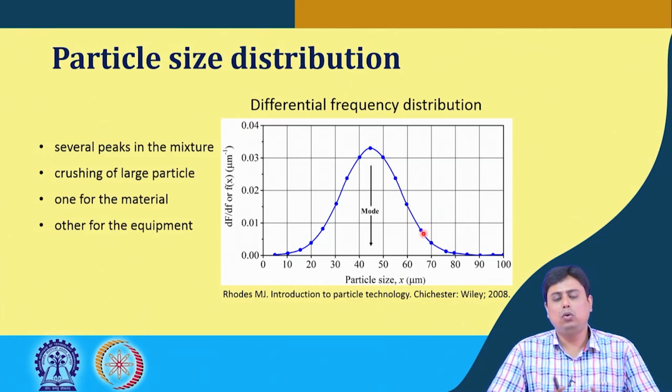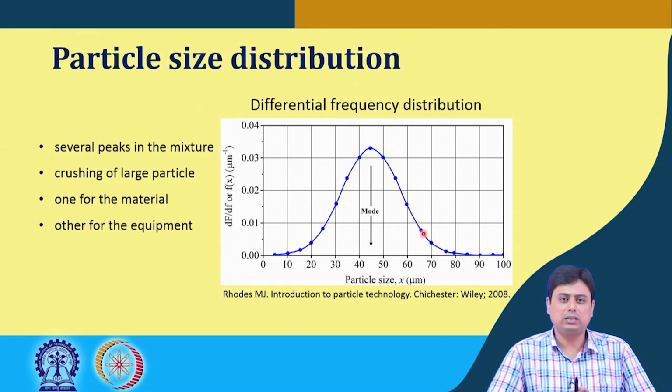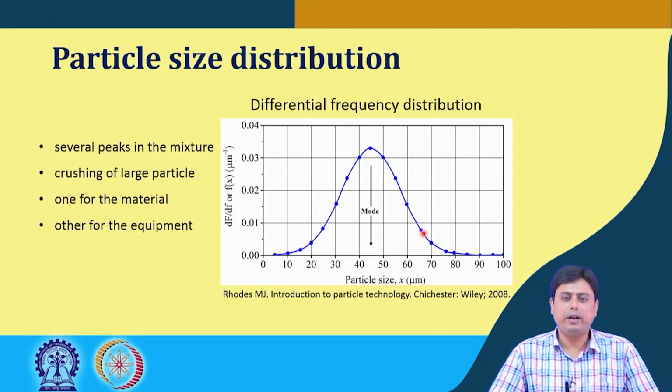So, these are the two major, or dominant, visible peaks we can see ideally when we crush larger size particles. One represents the material and the other represents a characteristic of the crushing or grinding equipment.